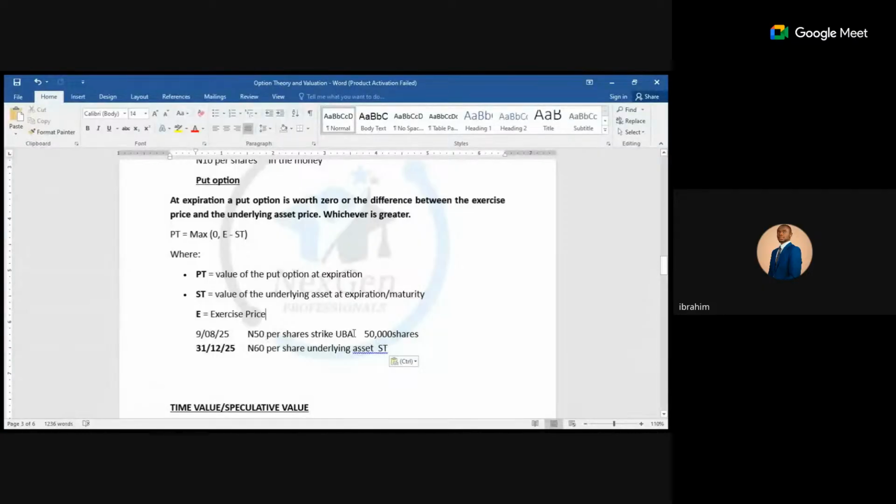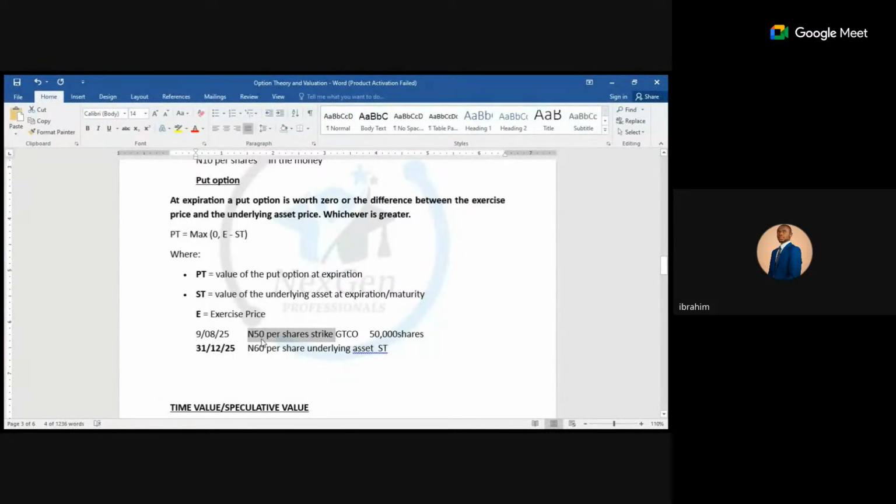You approach JITCO and say that as of today you enter into an option agreement or contract that you want to sell 50,000 shares at the current market price of 50 naira at a future date.